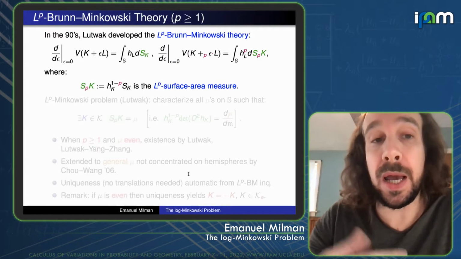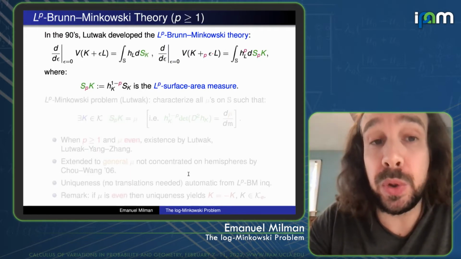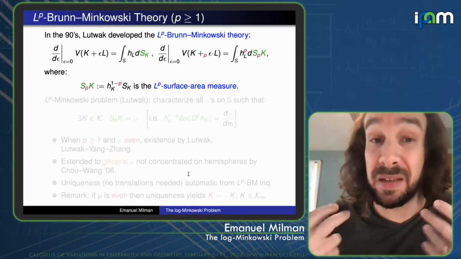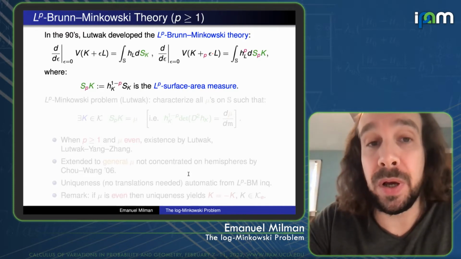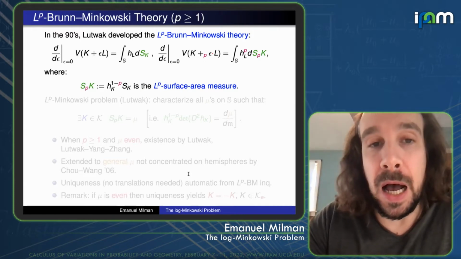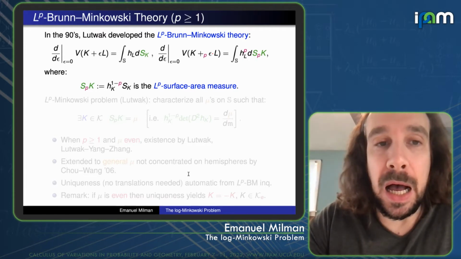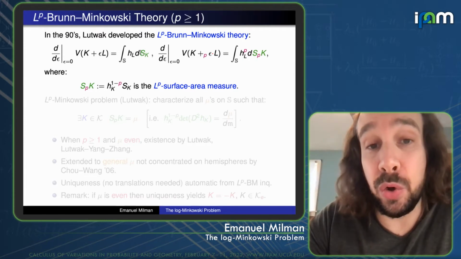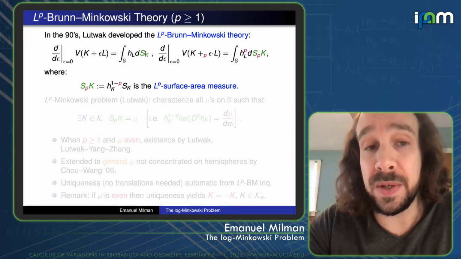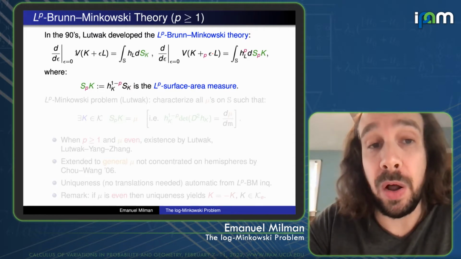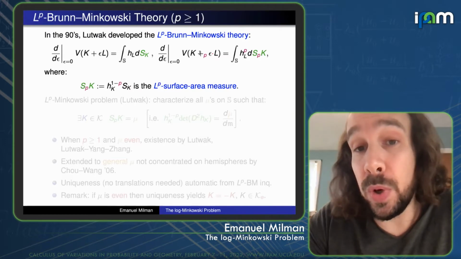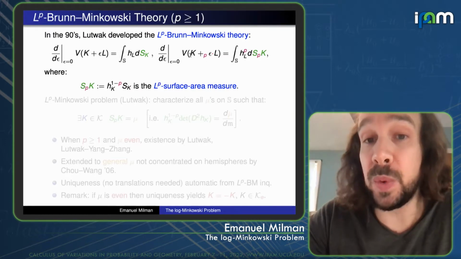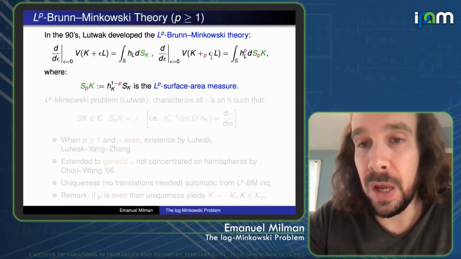Good. So in the 90s, Erwin Lutwak proposed to significantly develop the corresponding Lp Brunn-Minkowski theory. So for example, just as the usual surface area measure arises as the first variation of volume with respect to Minkowski addition, Lutwak asked, well, what is the first variation of volume with respect to Lp Minkowski addition?